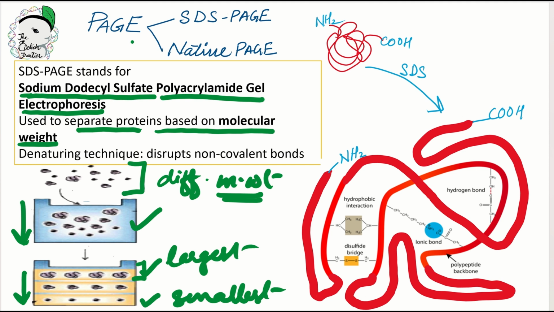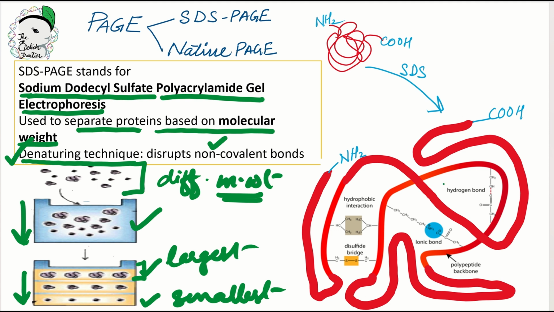All right. The next feature is that this type of electrophoresis requires denaturing conditions, meaning it adapts a denaturing technique. In SDS PAGE we are using reagents that can disrupt non-covalent bonds.